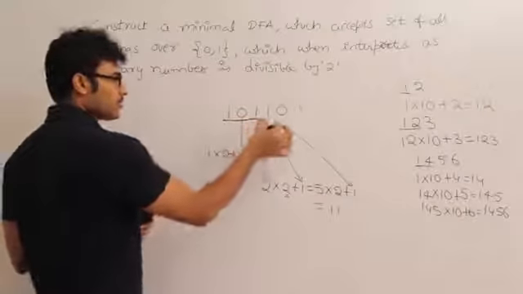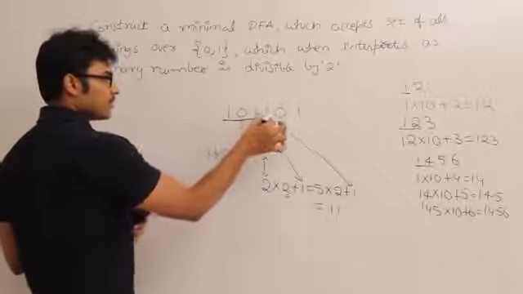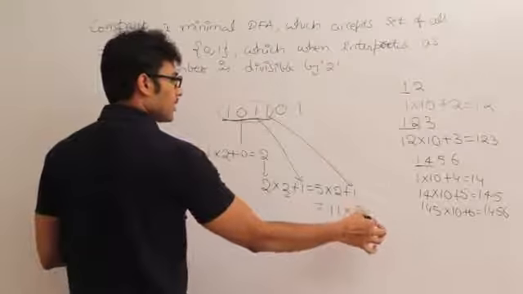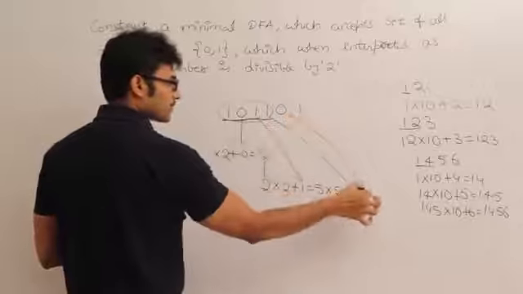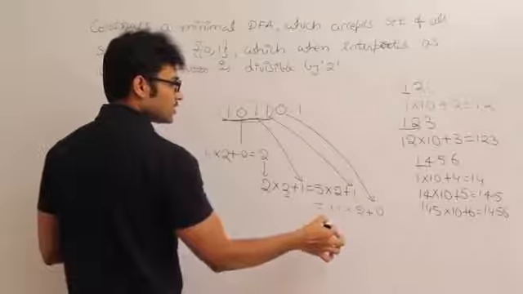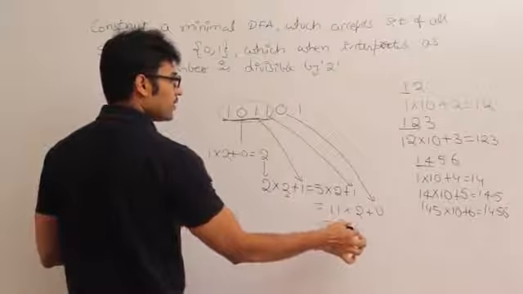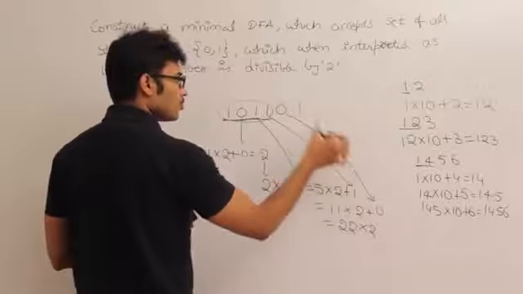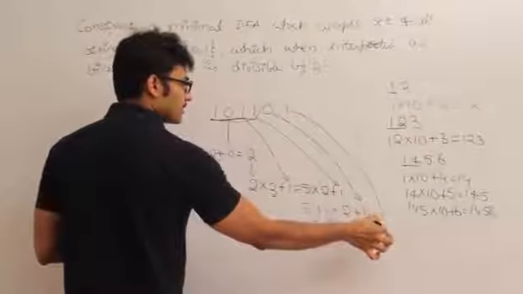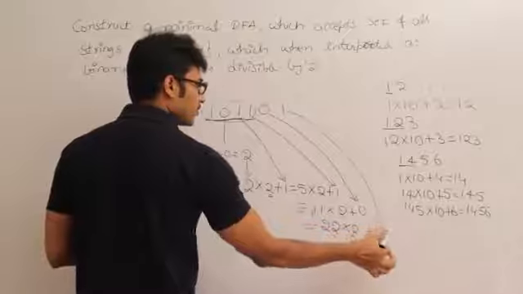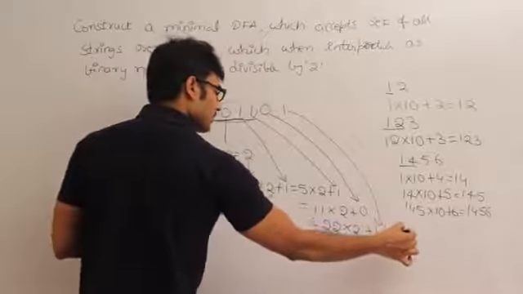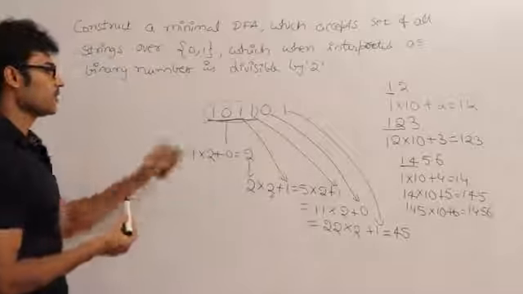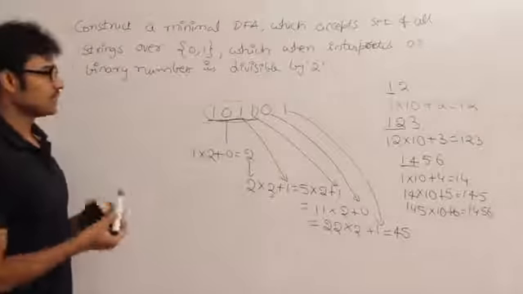And this entire number is going to be 11, and now you multiply with 2 and you add the next digit, which is 0. So this entire thing is going to be 22. Now you take 22, multiply with 2 and you add the next digit plus 1, that is going to be, I think, 45. So this entire number is going to be 45. So you can do it this way. This way it is very easy to understand too.